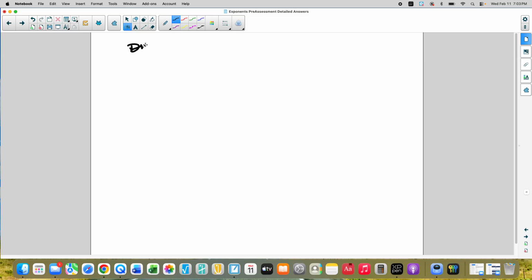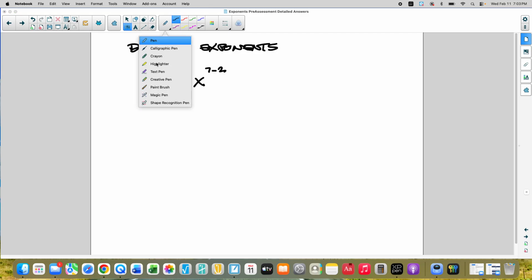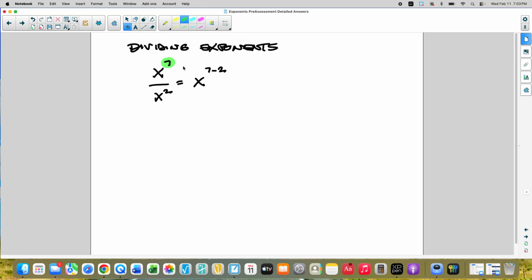Division, or dividing. When we are dividing exponents, something like x to the 7th divided by x to the 2nd, you're going to subtract those exponents. Here's the important thing: it's the numerator minus the denominator, since the division represents the minus.